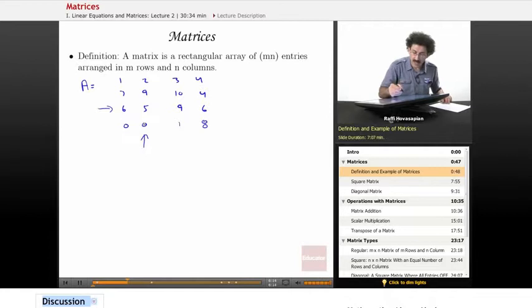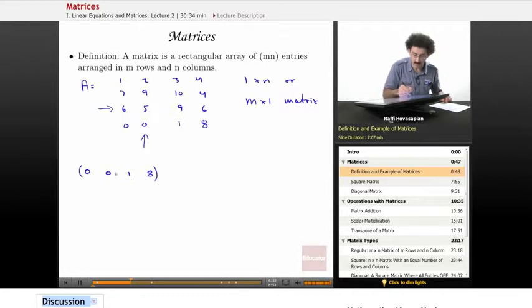A 1 by n matrix or an m by 1 matrix. These are just single columns or single rows. You can arrange them any way you like. So a 1 by n would be something like this. If I took, let's say, the fourth row, I would have 0, 0, 1, 8.